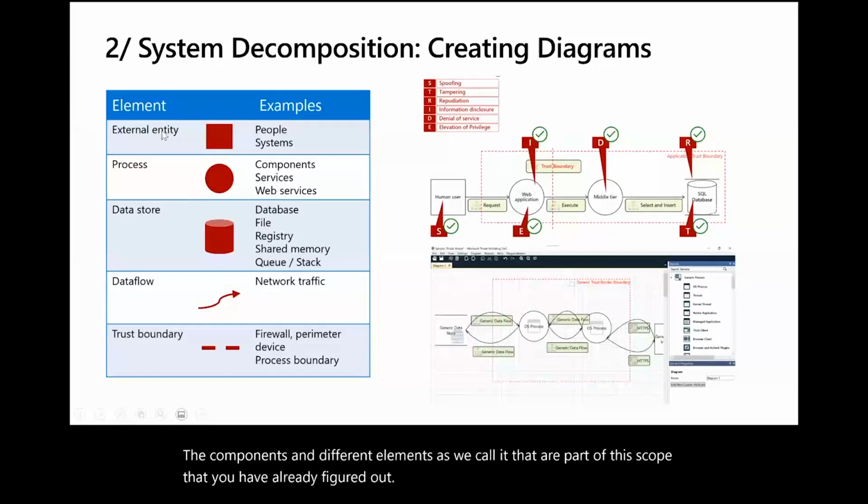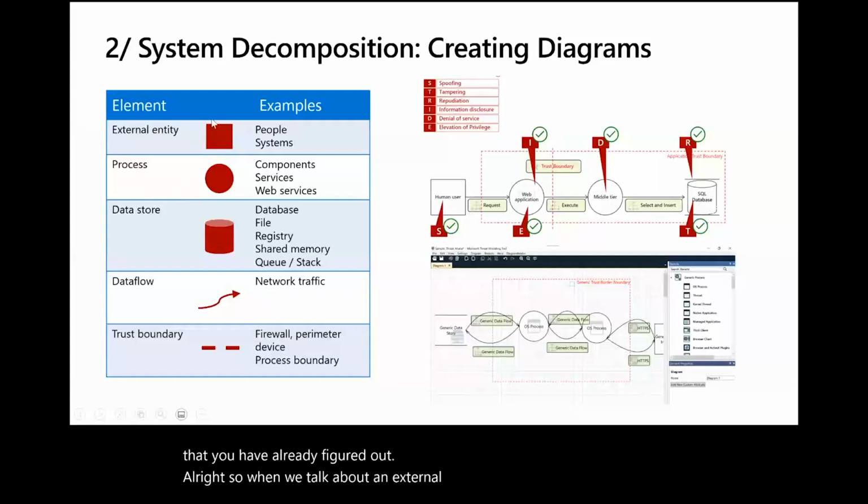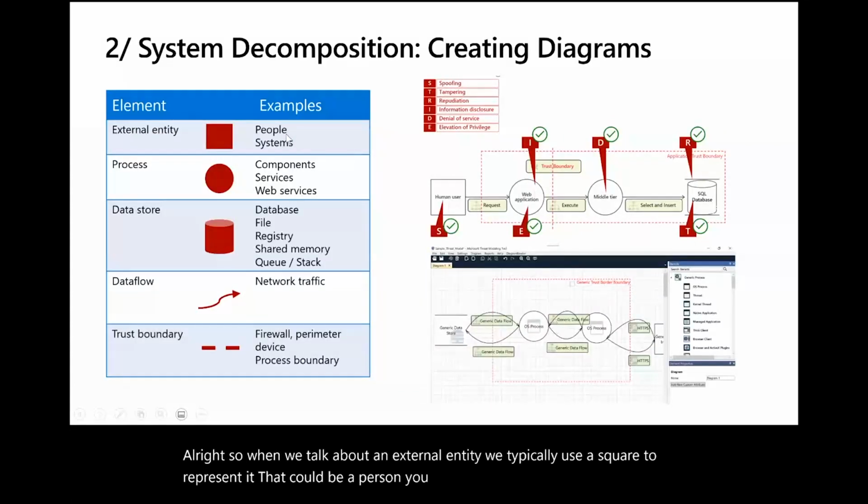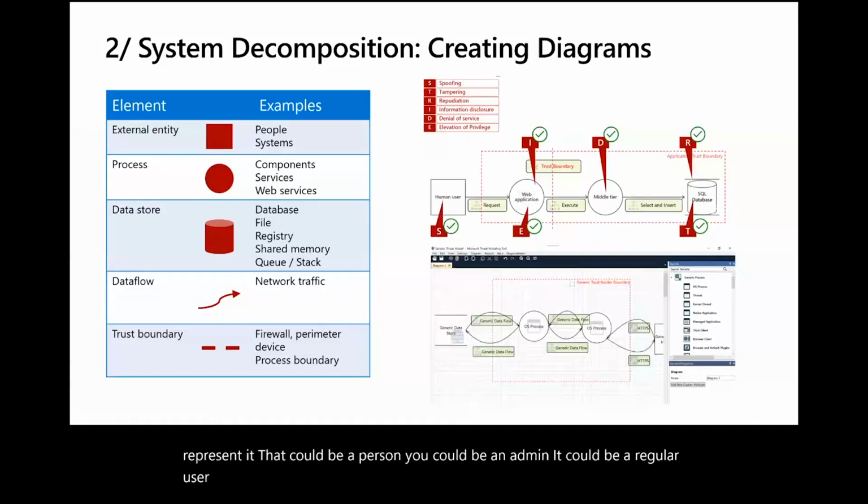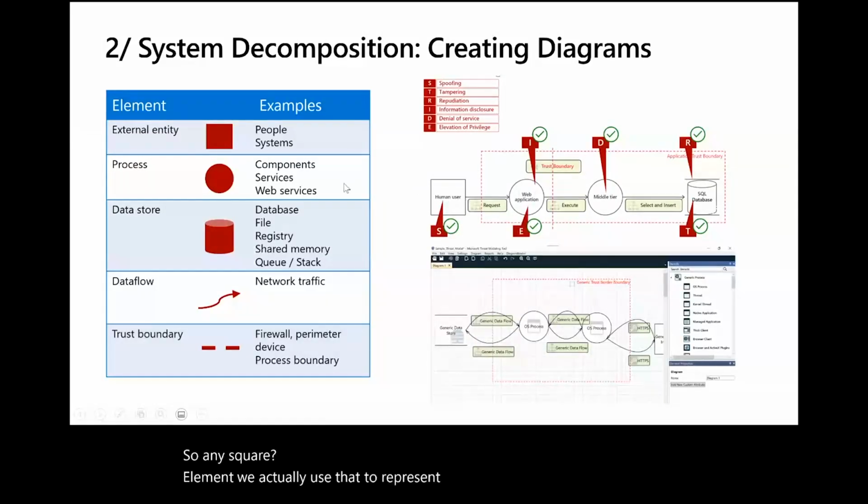When we talk about an external entity, we typically use a square to represent that. That could be a person, an admin, a regular user, or a privileged user, for example. It could also be systems. So any square element, we use to represent people or systems.